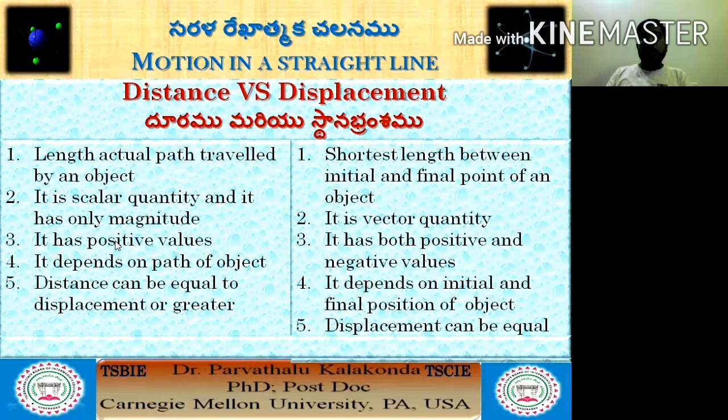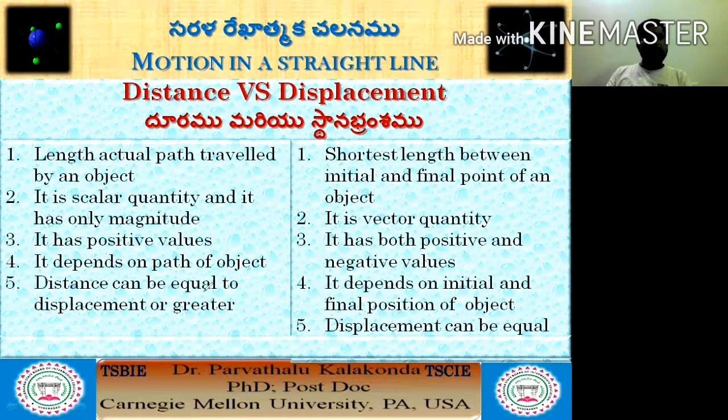Distance can have only positive values, whereas displacement can take both values because it depends upon the direction also. It is a vector quantity, it has both magnitude and direction, so it can have both positive and negative values. Distance depends on the path of the object, whereas displacement depends on only the initial and final point.